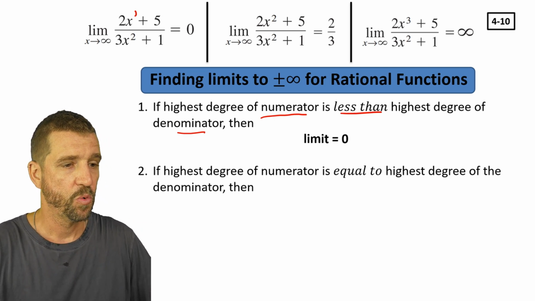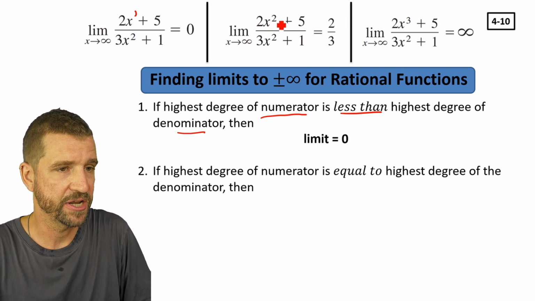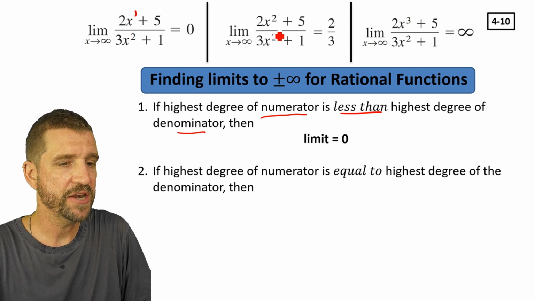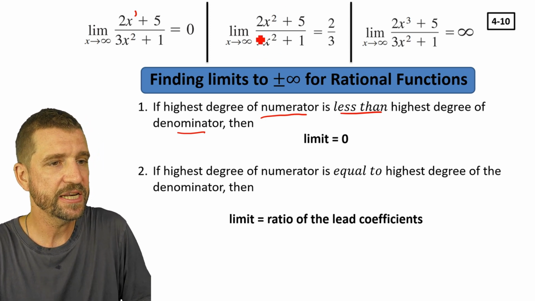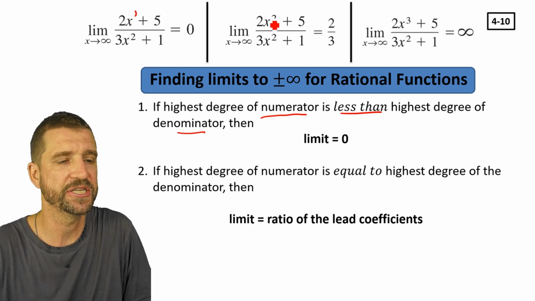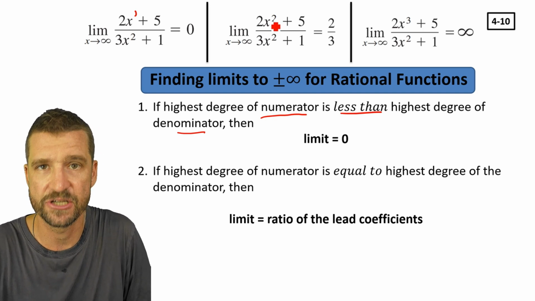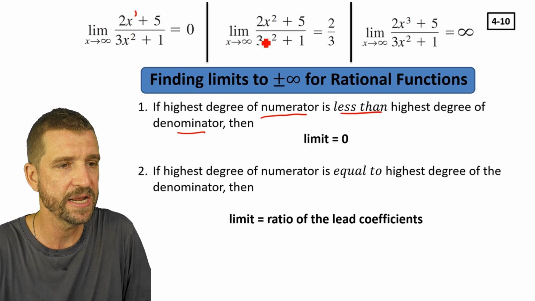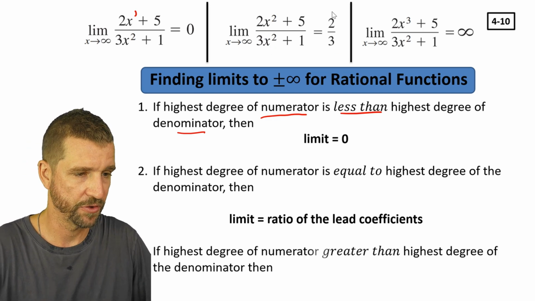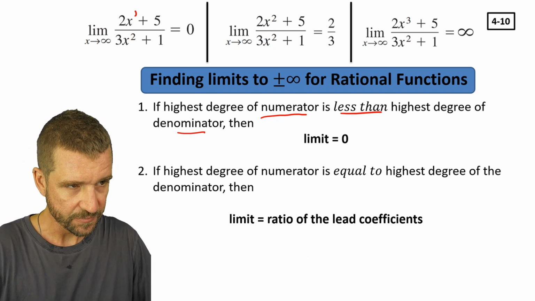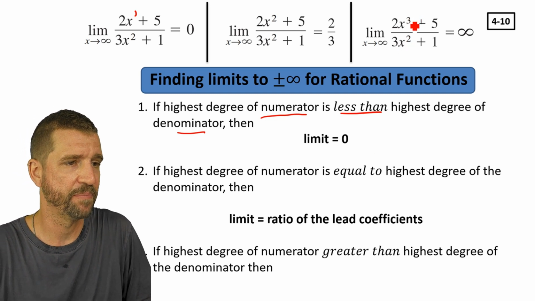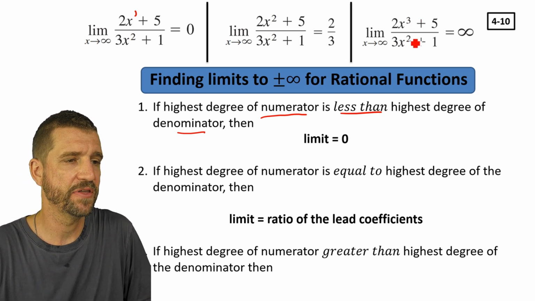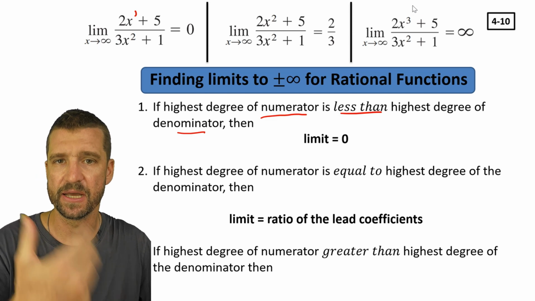When the degrees are equal, like they are here, 2 and 2, then you look at the lead coefficients, meaning the coefficient in front of the highest degree. Here you have a 2 and a 3, so this will be 2 over 3. In the last situation, if the top's degree is greater than the bottom's, it will always be infinity.